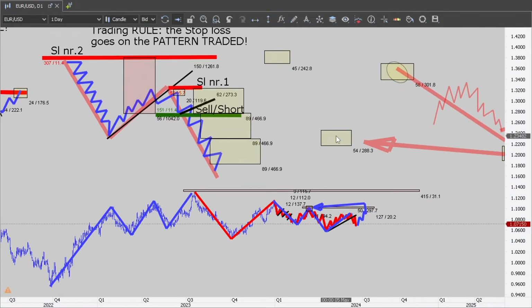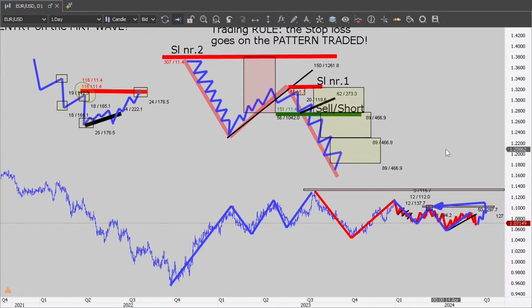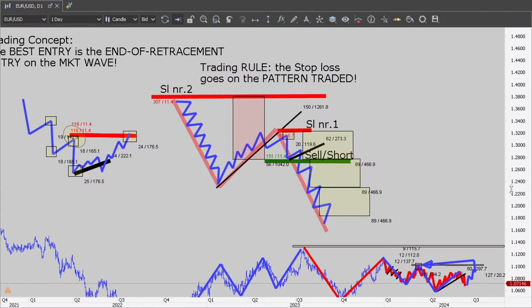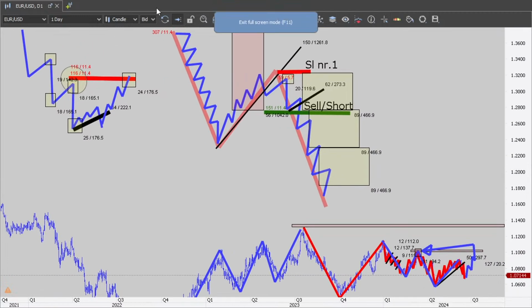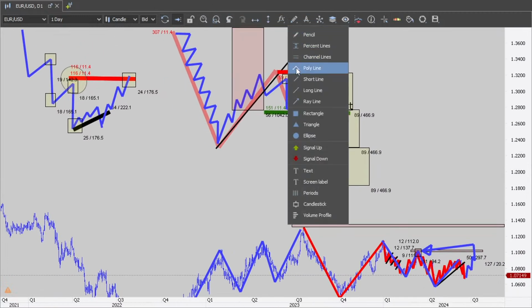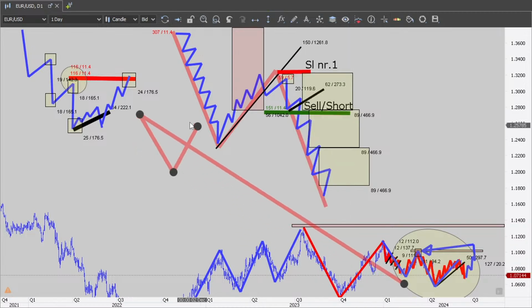If I delete this one, and this one, and this one, this is exactly what we were talking about. This logic in here is this logic in here.